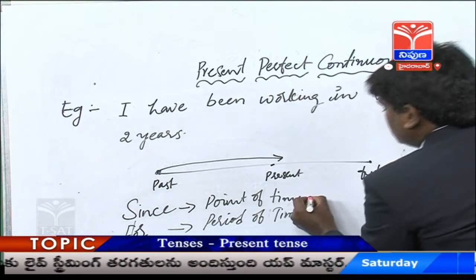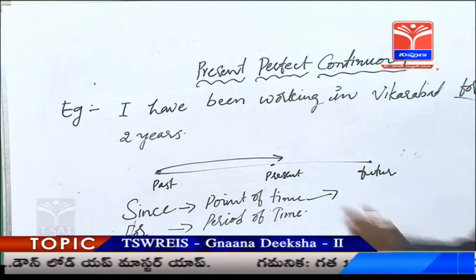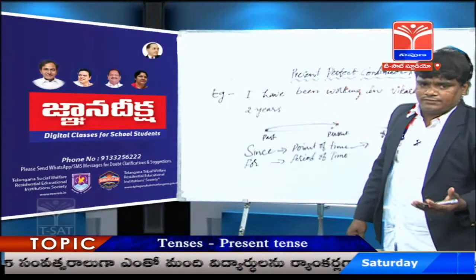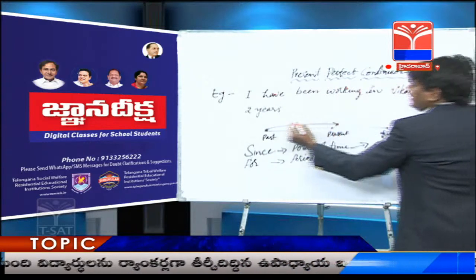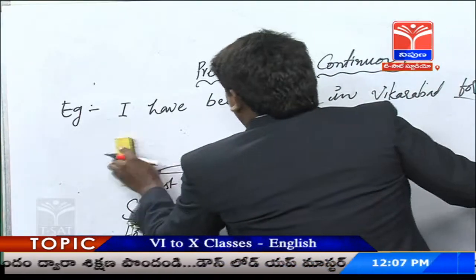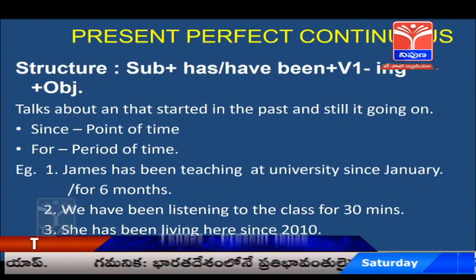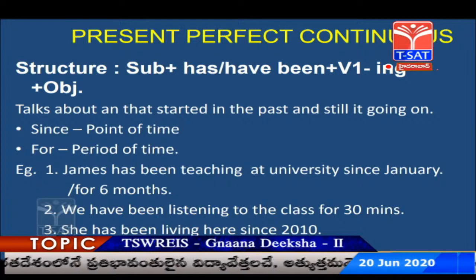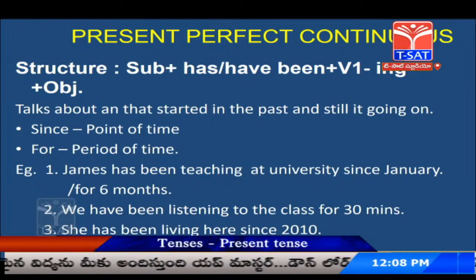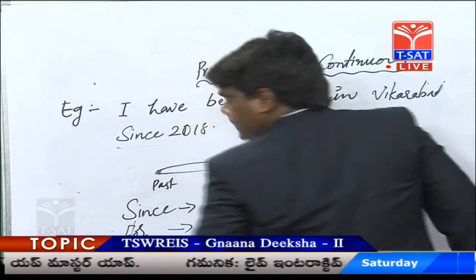Point of time is the starting point. For example, I said 2 years. What do you mean by 2 years here? Like 2018. If you are making a starting point here, I have been working in Vikarabad since 2018.